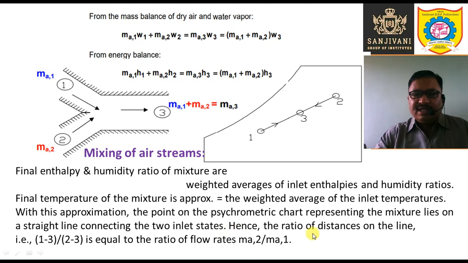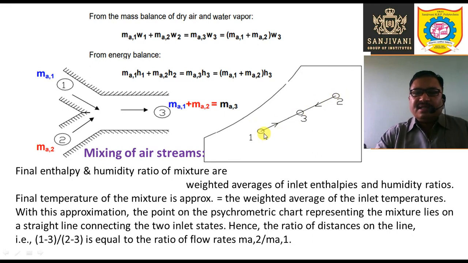Hence the ratio of the distances on the line is given like this: distance 1-3 upon distance 2-3 is equal to the ratio of the flow rates, Ma2 divided by Ma1. So these distances depend upon the masses.